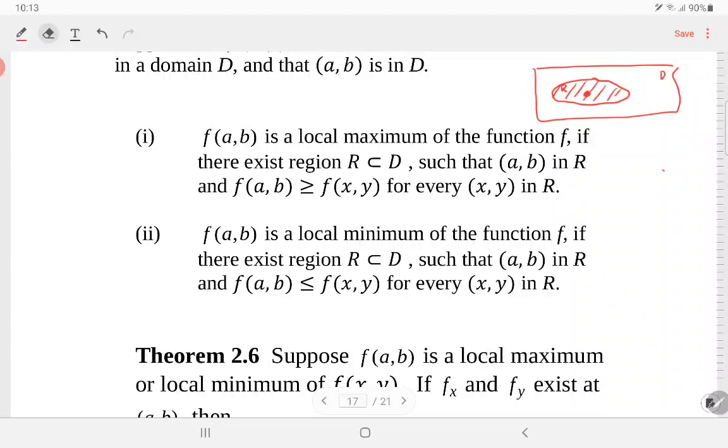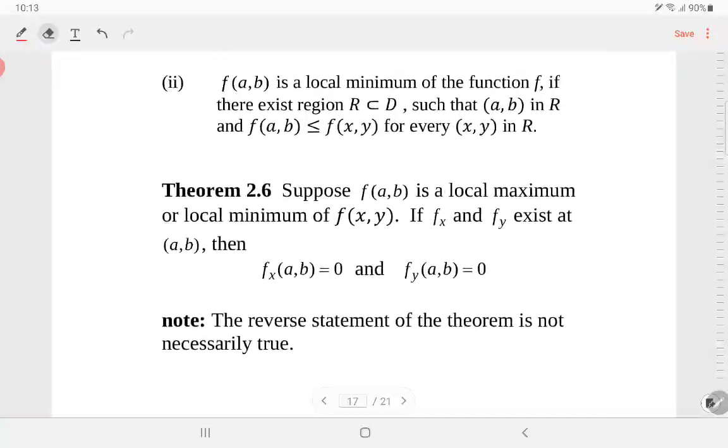That is the definition of local maximum and local minimum.